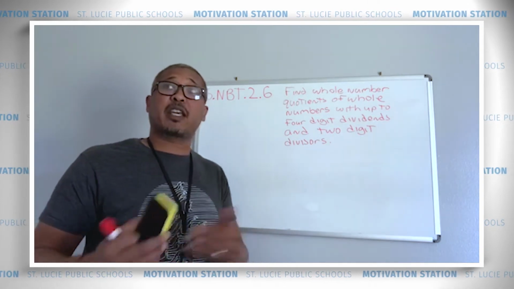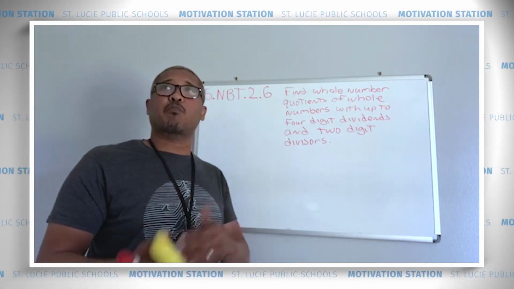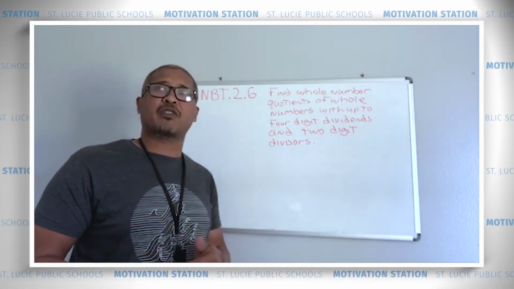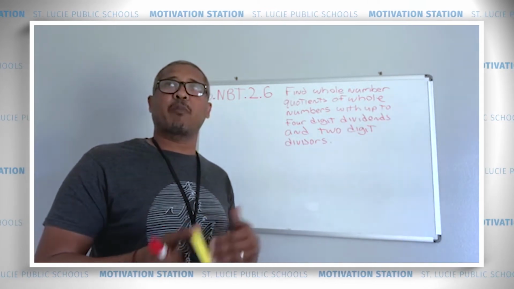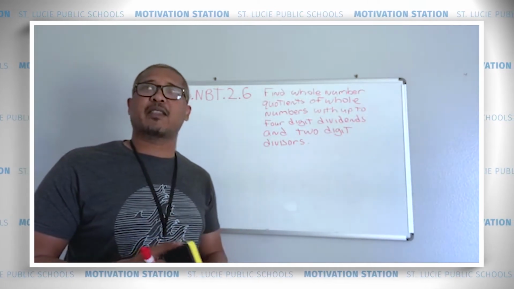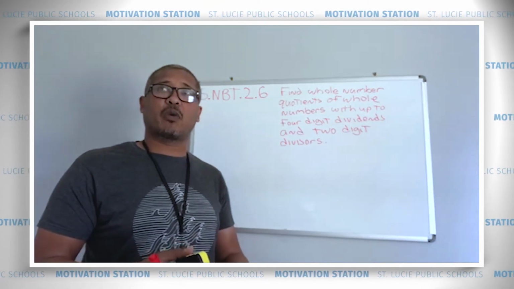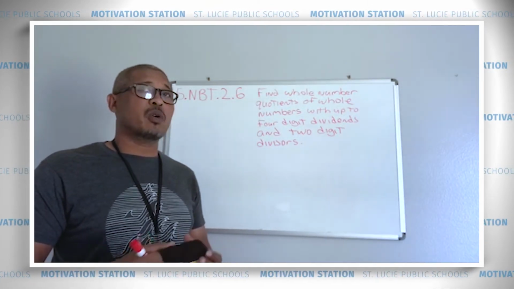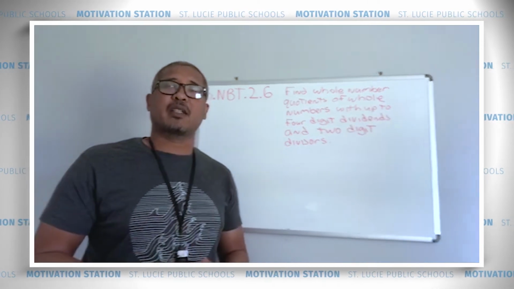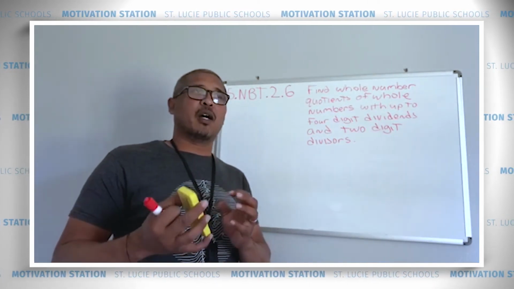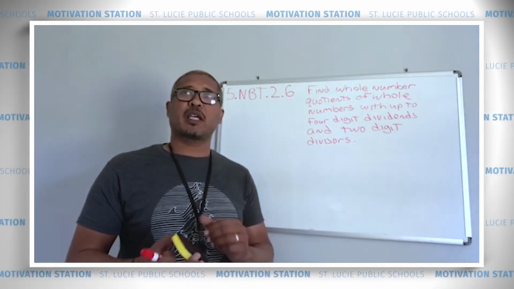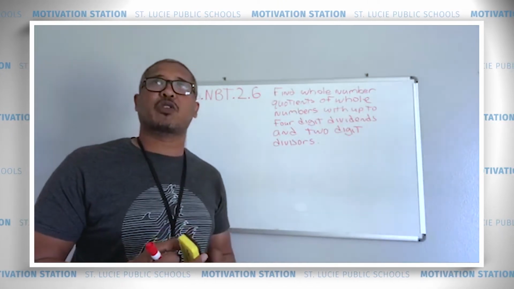And then we just keep subtracting smaller multiples of the divisor until the remaining number is less than the divisor or 0.